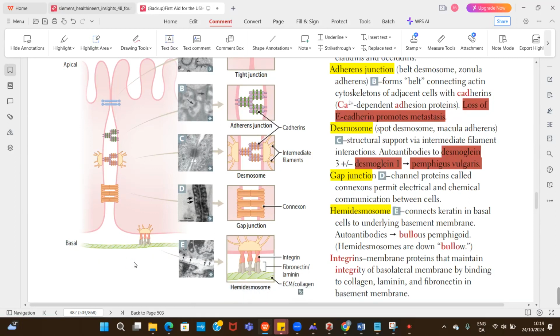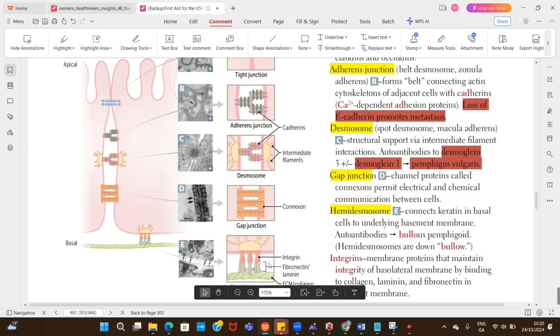So there needs to be an attachment between the epithelial cells above and the basement membrane beneath. How is this achieved? We need a protein that helps attach the keratin filament of the epithelial cells above to the proteins in the basement membrane.